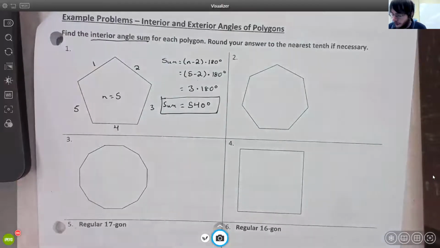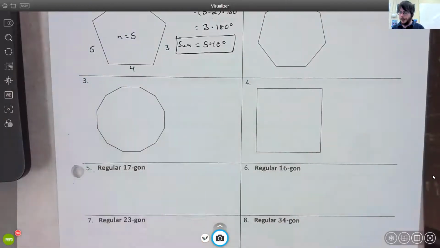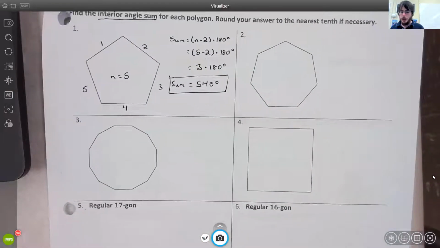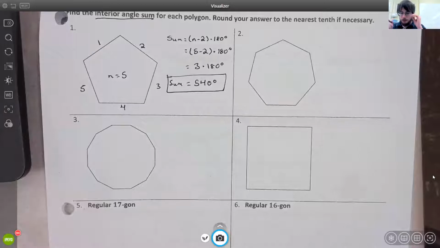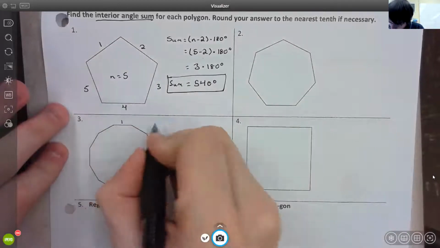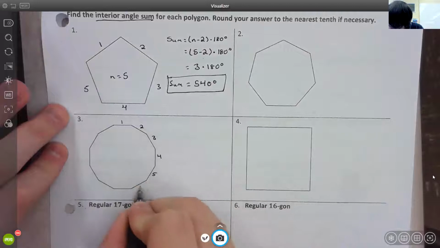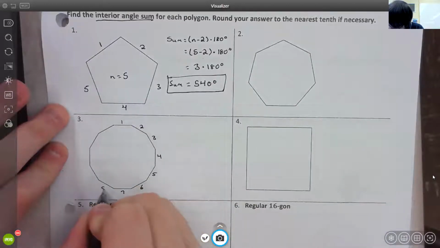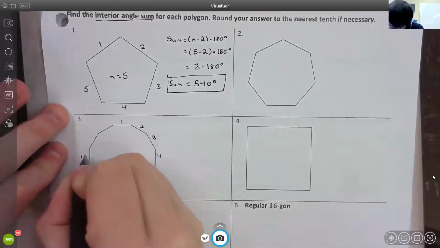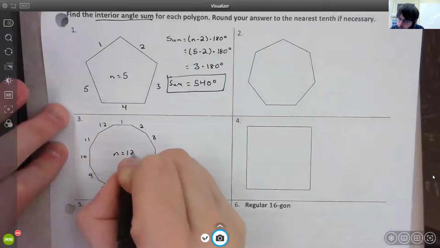All right, we're going to do these 4 here together. So number 3, we have a shape, and we're going to look and see how many sides it has. 1, 2, 3, 4, 5, 6, 7, 8, 9, 10, 11, 12. So n equals 12.